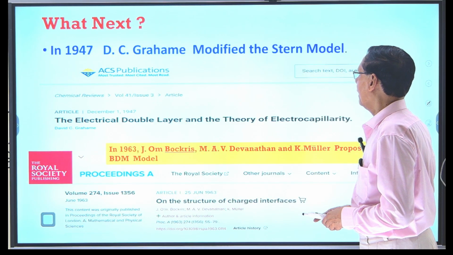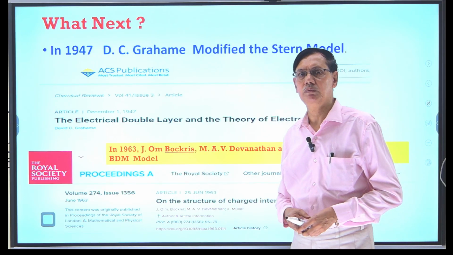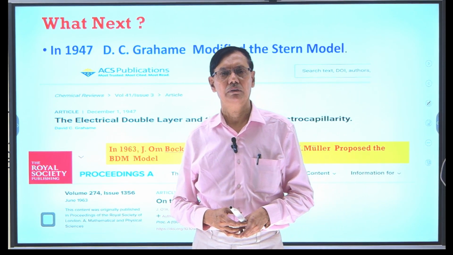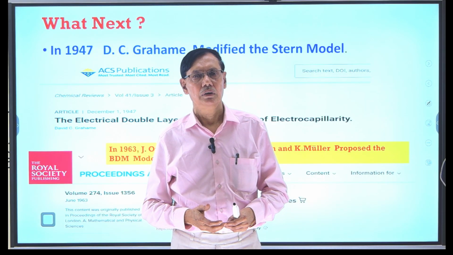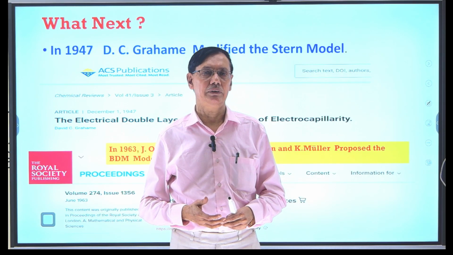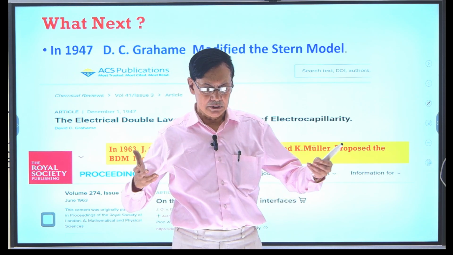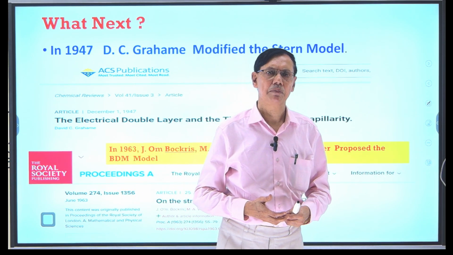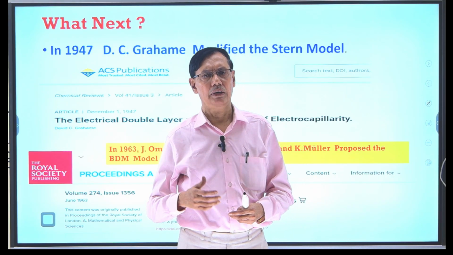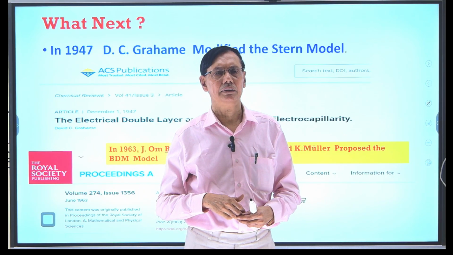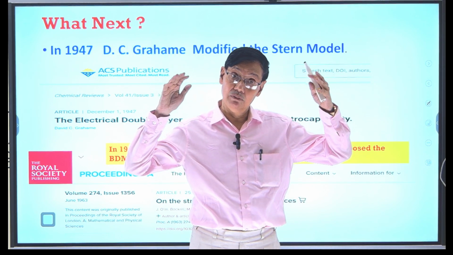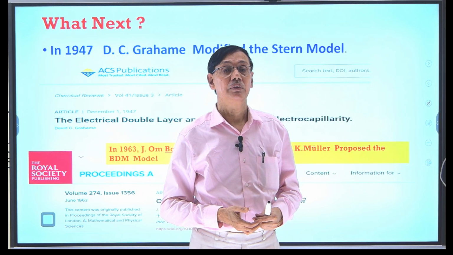So if you ask me, sir, what further development is there in this area? You know that science is a continuous process, and as I told you in my previous part, this is more than 100 years old theory.